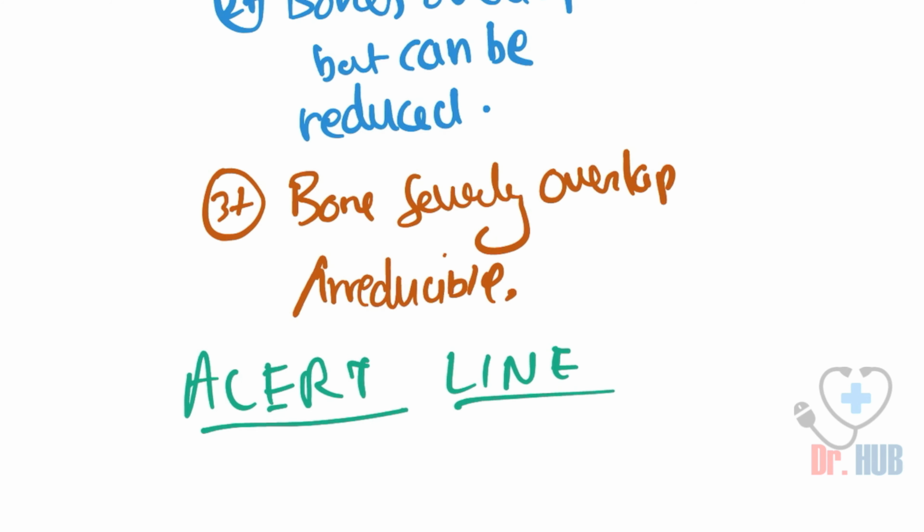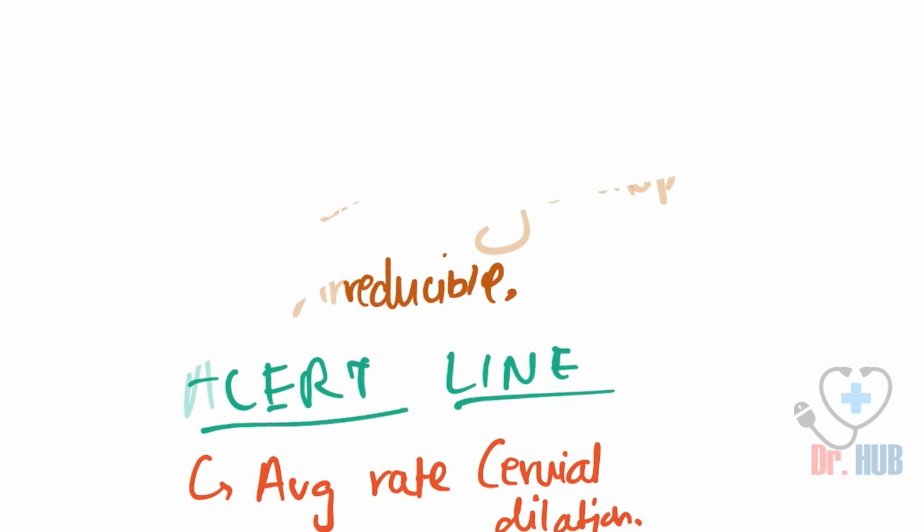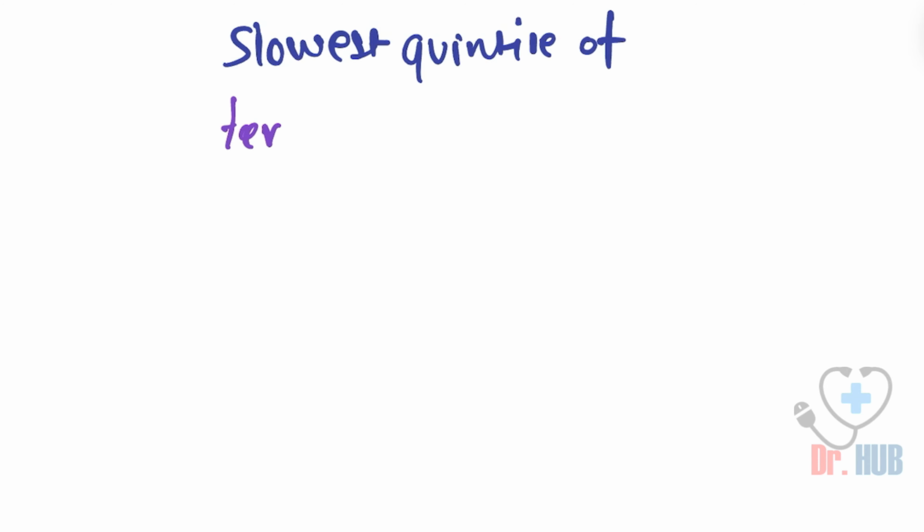The alert line basically reflects the average rate of cervical dilation of the slowest quintile of term primigravida.